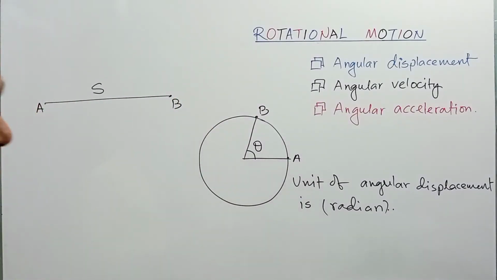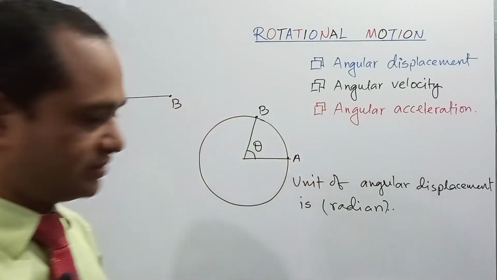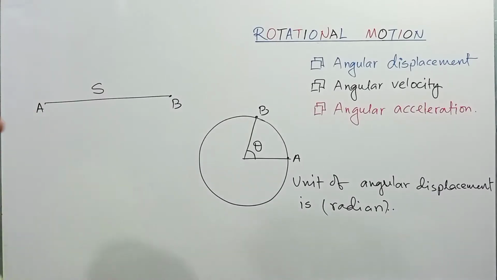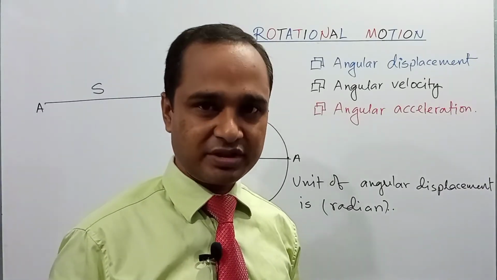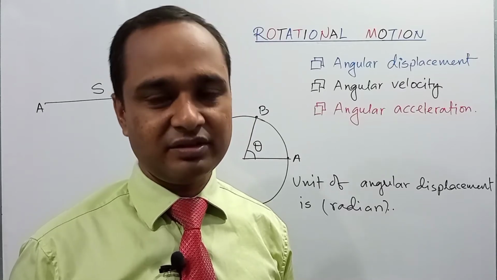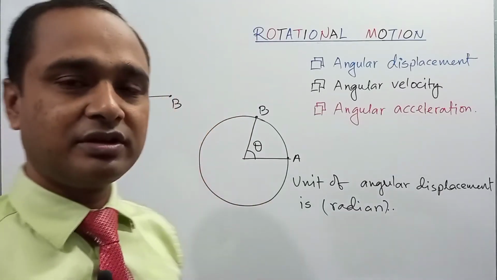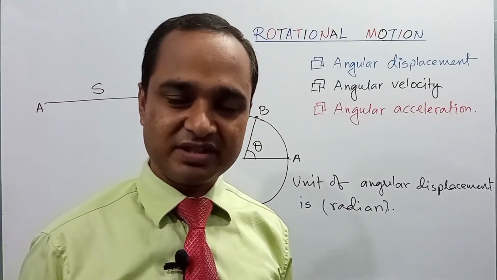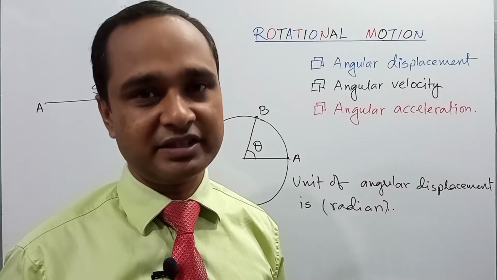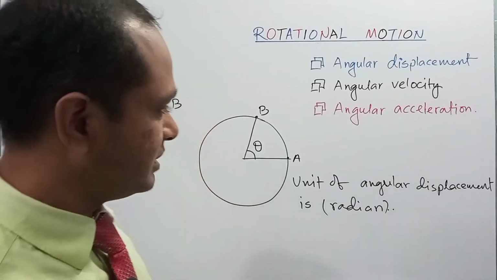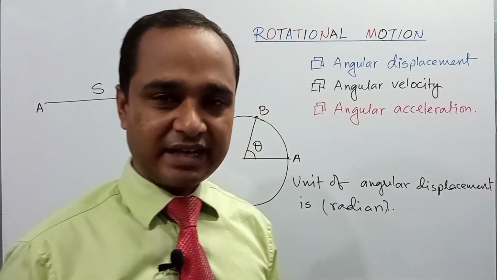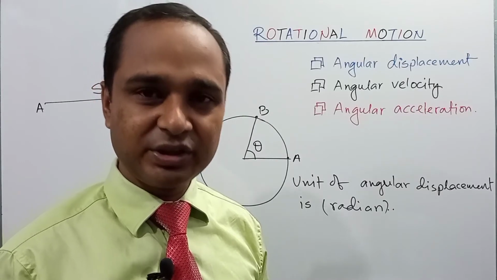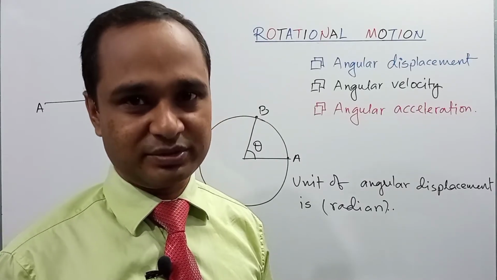Now we are going to discuss angular velocity. Dear students, in linear motion, you know the distance traveled by a moving body in unit time is called velocity or linear velocity. In other words, the rate of change of displacement is called velocity. Similarly, in case of angular motion, the angle created by a body moving in a circular path in unit time is called angular velocity.